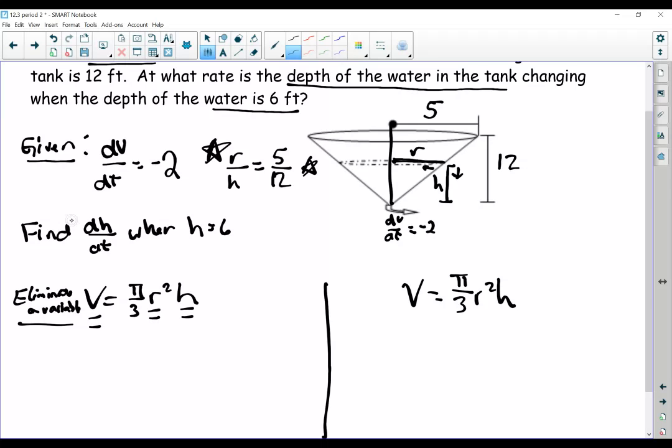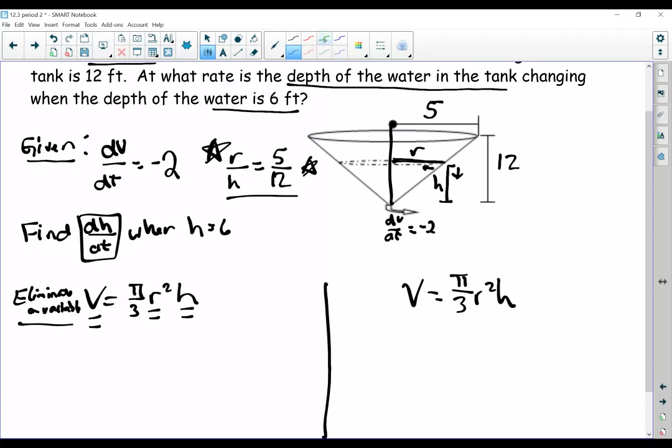Now, if I think about it, who I'm trying to find is the rate of height. I want the rate of this height. Who I have already is the rate of the volume. Notice that there's one variable that I do not have the rate of and I do not want the rate of, and that is the radius. So what we can do here is replace the radius using this proportion.